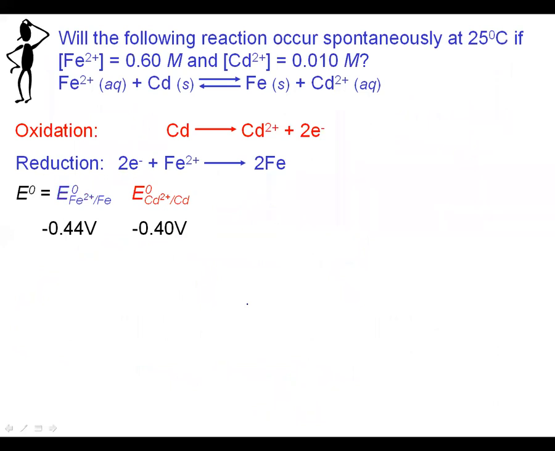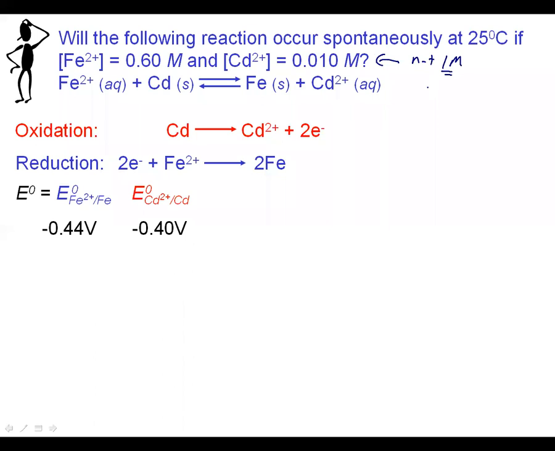Okay, so let's take a look here and see what we got going. We want to know, will this occur spontaneously? And we have some concentrations given to us. The first thing we should notice is these concentrations are not 1 molar, which would imply that this is not under standard conditions. Again, under standard conditions, we assume that everything is 1 molar.